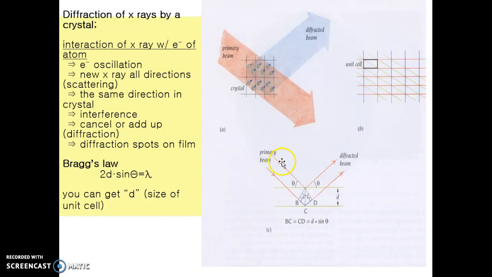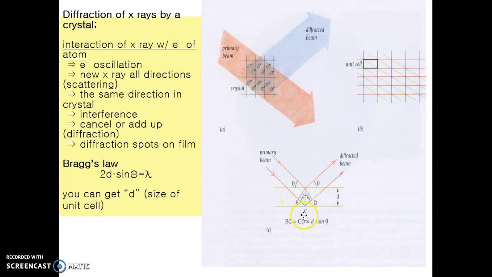The upper X-ray comes here, hits at this position and is reflected. The lower beam comes parallel to the upper one, hits at point C and is reflected. The lower beam travels more than the upper one by the amount of B, C, D.